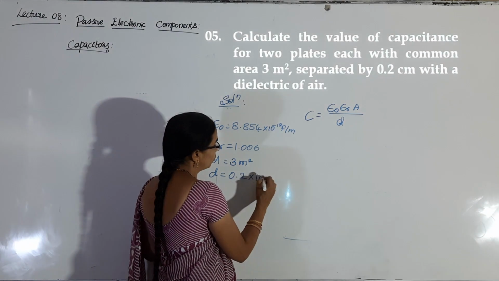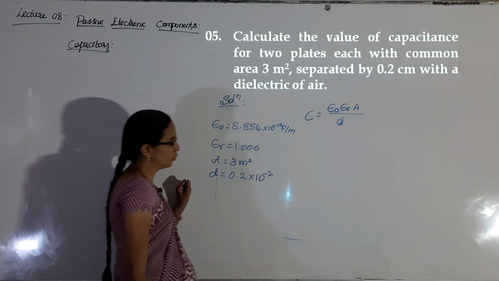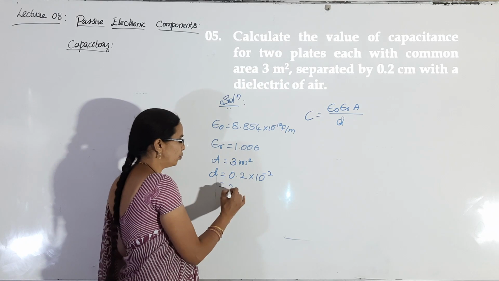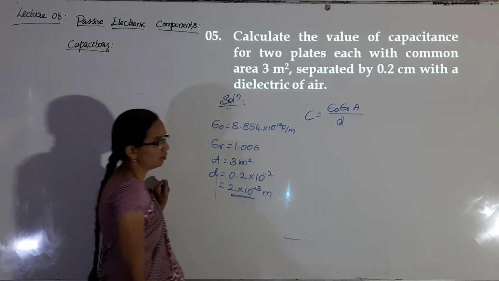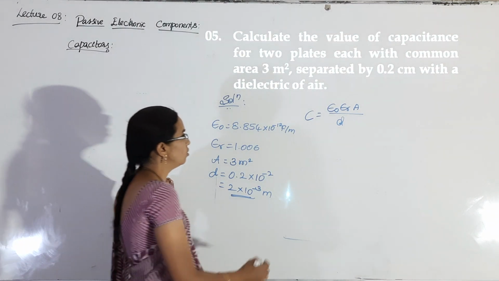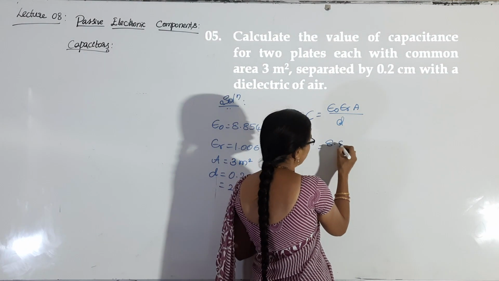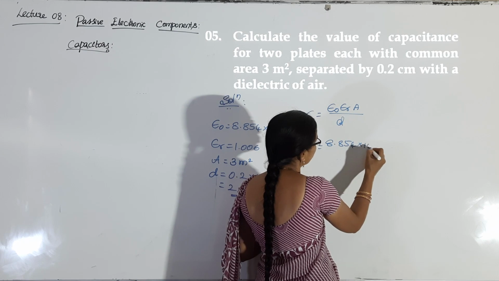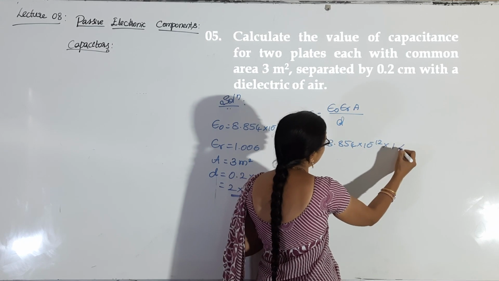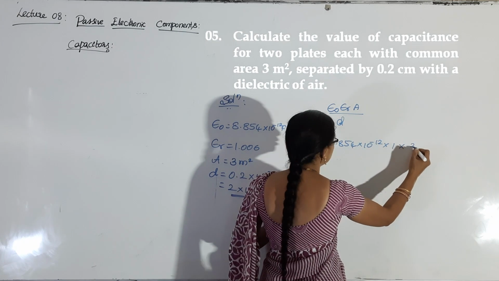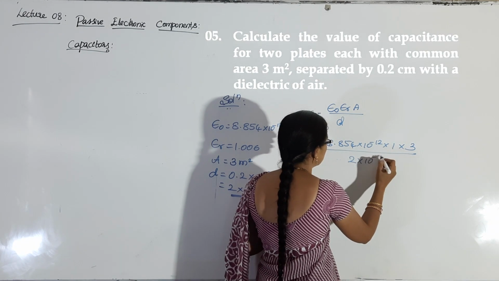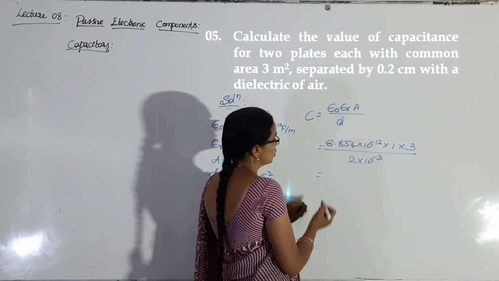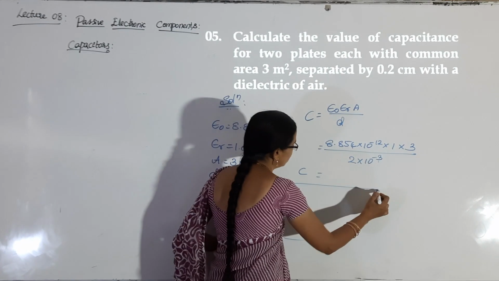So to convert it into SI unit, 0.2 into 10 to the power of minus 2, or 2 into 10 to the power of minus 3 meter you can write. So epsilon naught is 8.854 into 10 to the power of minus 12, into 1, into area 3 meters square, divided by 2 into 10 to the power of minus 3. So calculate it and put the answer.